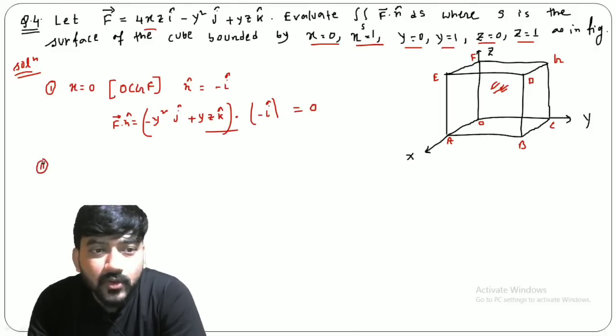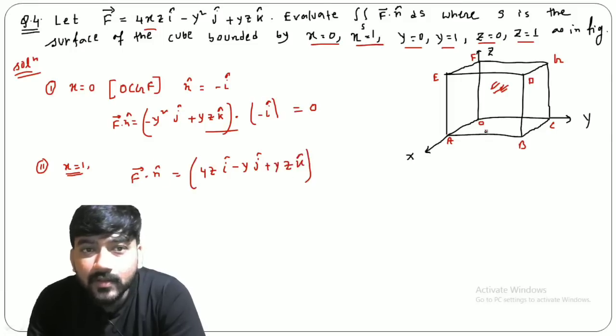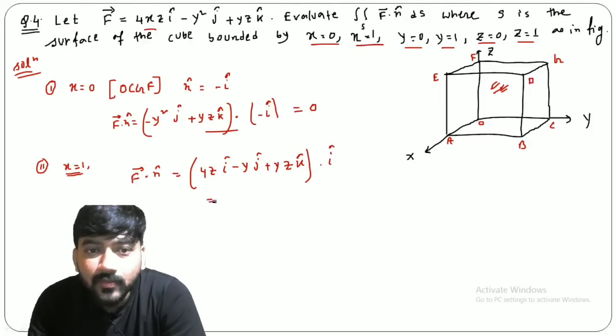Now for x = 1, what will be F dot n cap? F will be this: if you put x = 1, then it will be 4z i cap minus y² j cap plus yz k cap. Now what is n cap? For x = 1, n cap is along the x-axis, so it will be i cap, so F dot n cap will be just 4z, only 4z.